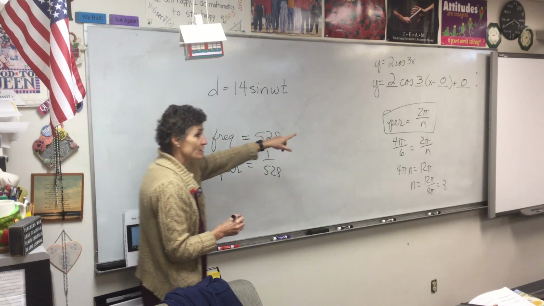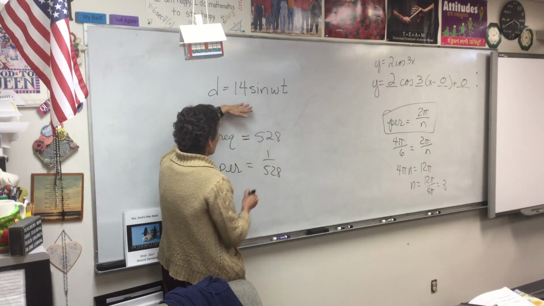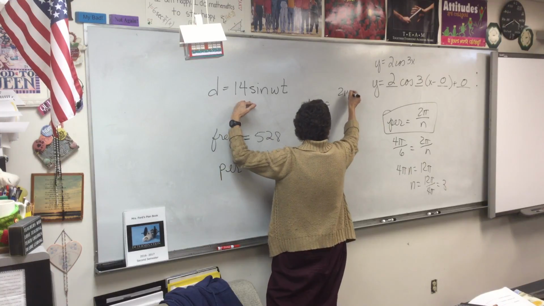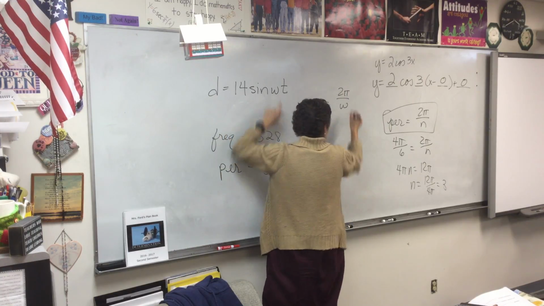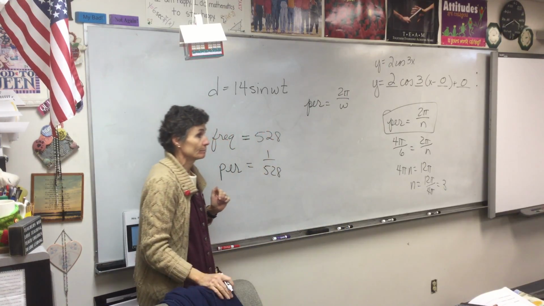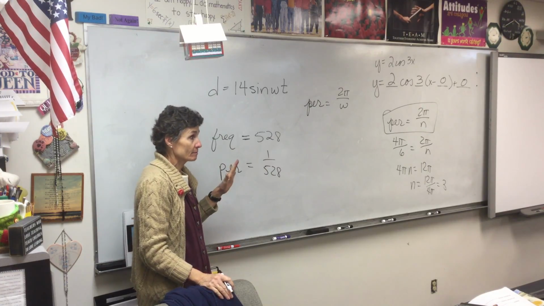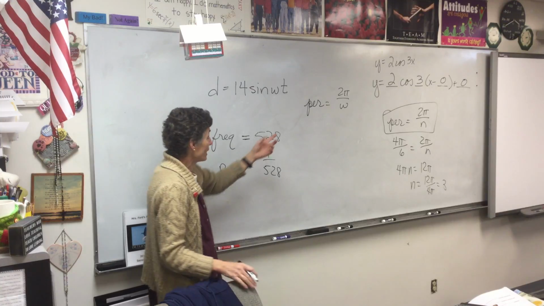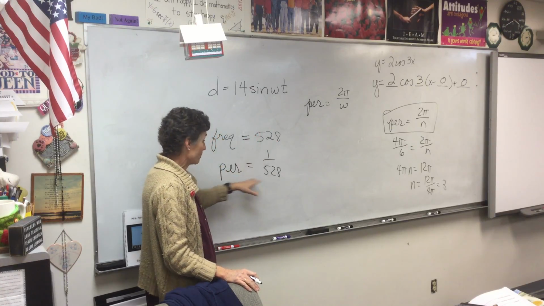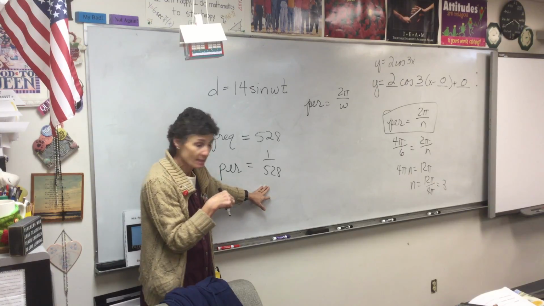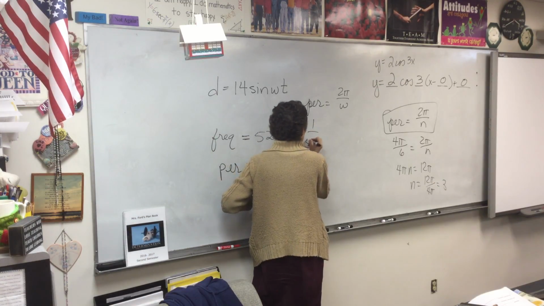Now, think about what we just did. In this equation, your period will be 2 pi divided by W. That's how you find period. You take 2 pi and divide it by that coefficient. Well, your period, you just told me, the reciprocal of the frequency, is 1 over 528.